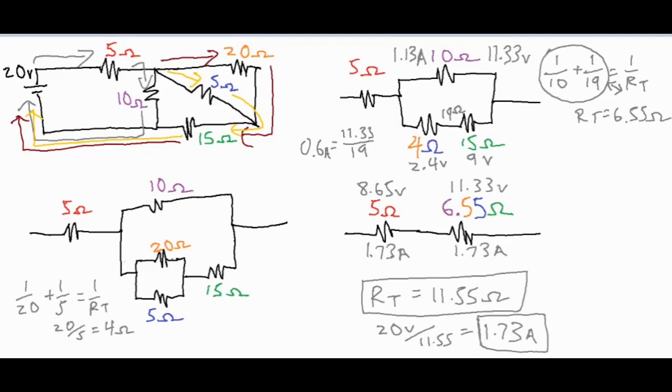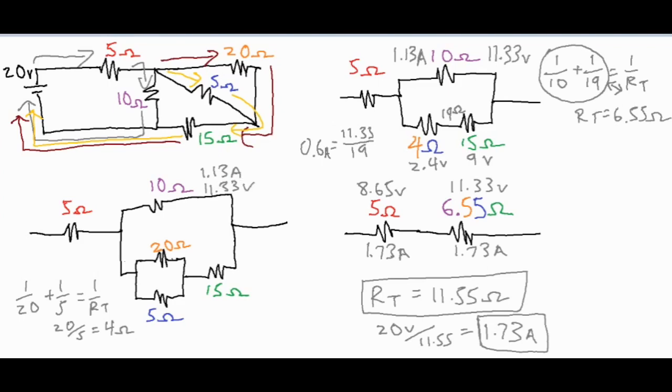Now we're going to slide back one more step, and we have everything figured out for the 10 ohm resistor right over here, so I'm not going to have those filled in. But actually, let me just go ahead and write them in anyways. 1.13 amps, and then 11.33 volts.